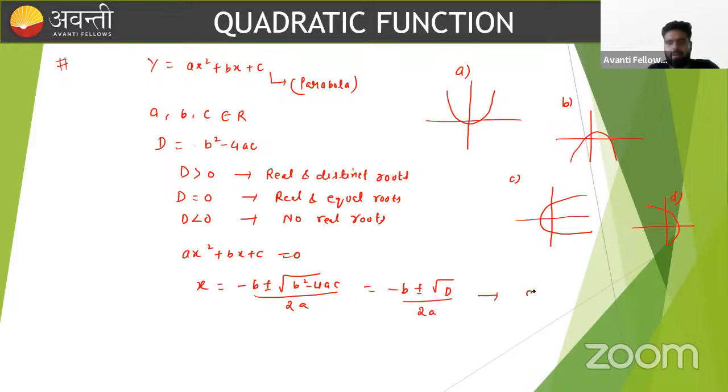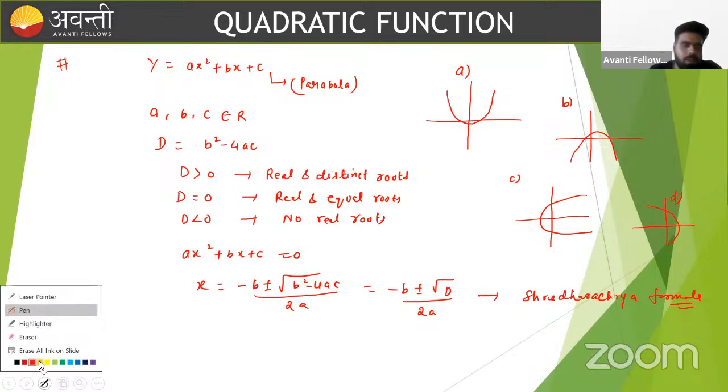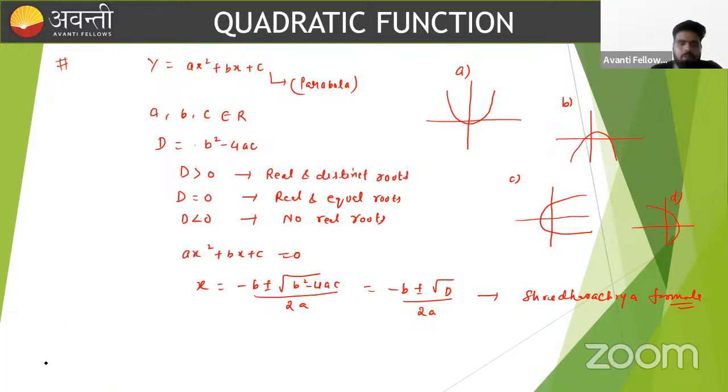This formula is known as the Sridharacharya formula. We already know that if a simple quadratic is given, we can split the middle term and use the hit and trial method. But this is a very important formula by which we can solve any type of quadratic equation. Okay, we have to keep this in mind.